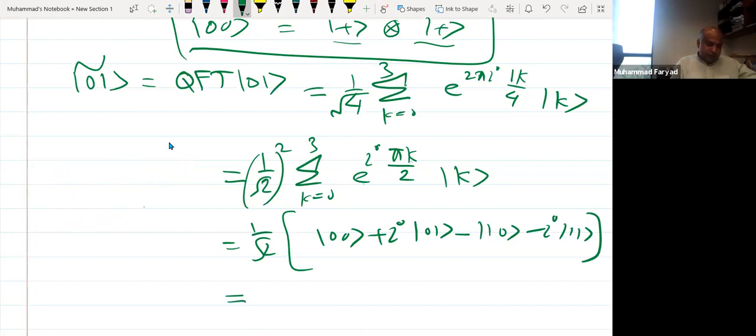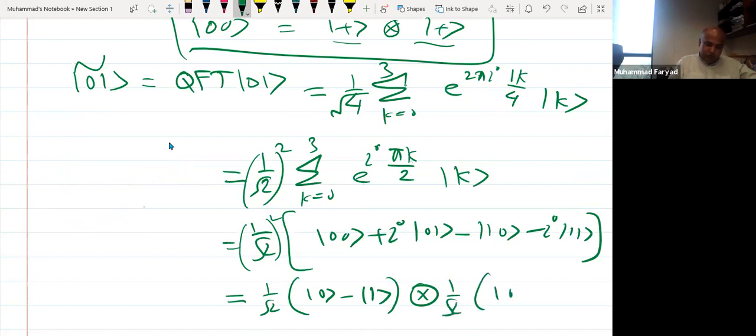So with a couple of hit and trials, you can separate them also into two states like this. So this is 0 minus 1 into 1 over square root 2, 0 plus iota 1, and you can see: 0 into 0 is 0 0, 0 into 1 iota, so this is plus iota 0 1.